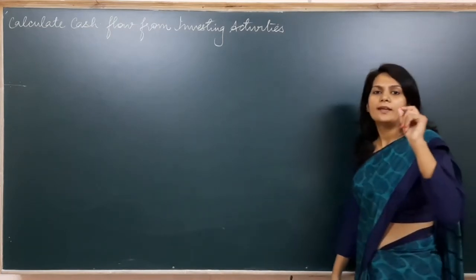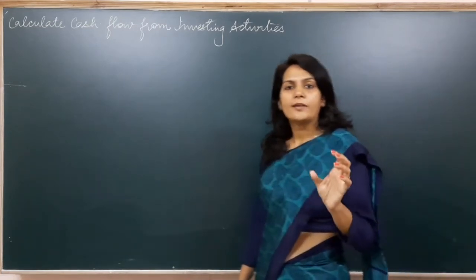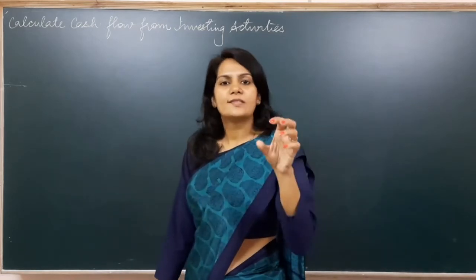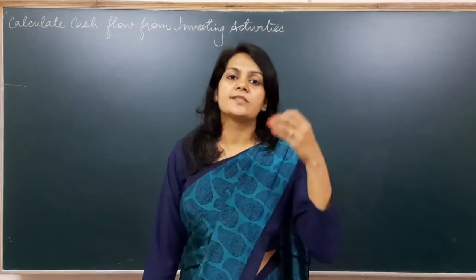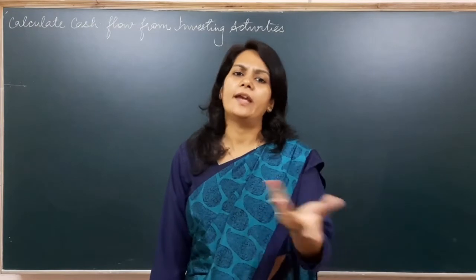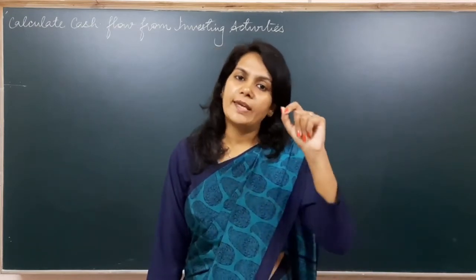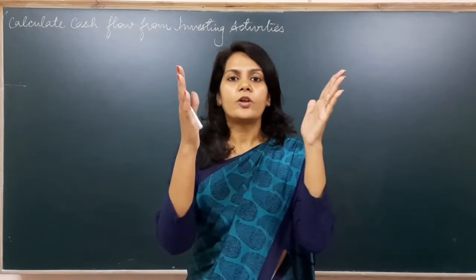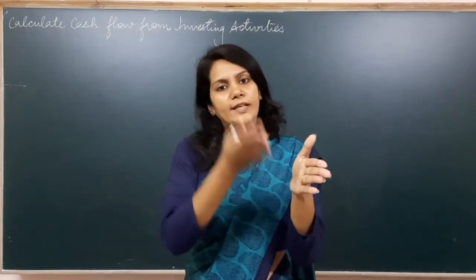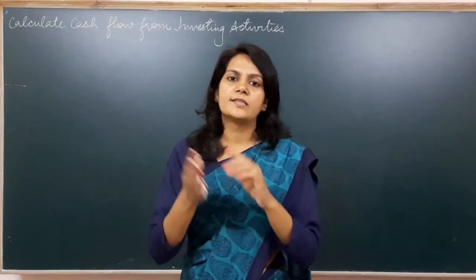Now one thing I would like to tell you, that to calculate the purchase or sale of non-current assets, whether it is a land, plant, machinery, building, anything, or even investments, we need to make an account, right? First of all, we make an account and then we calculate the purchase and the sale.